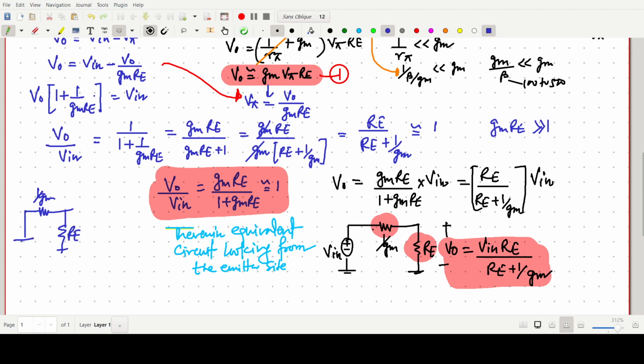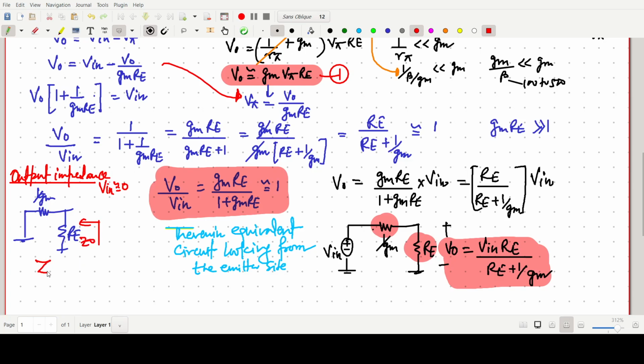If we ground the input for the output impedance calculation, I am doing it for the output impedance. For the output impedance calculation, we have to ground V in, and this should be the output impedance.